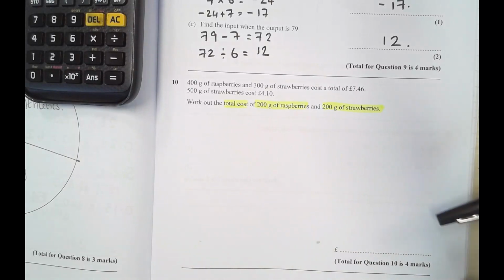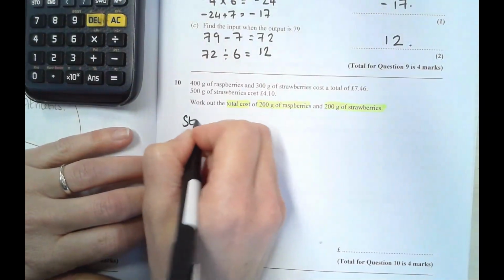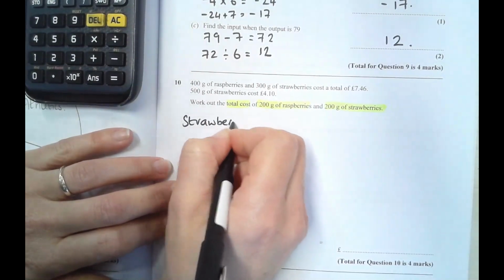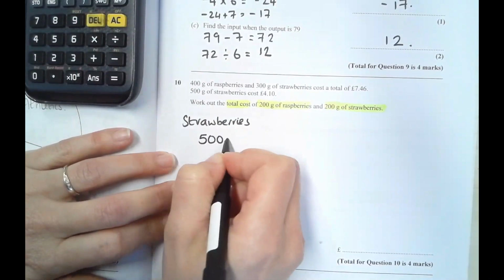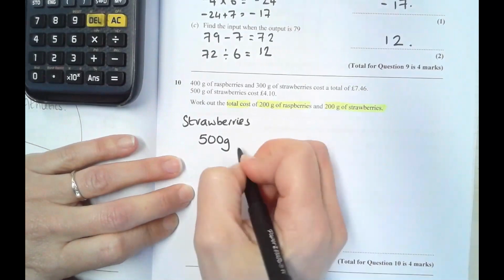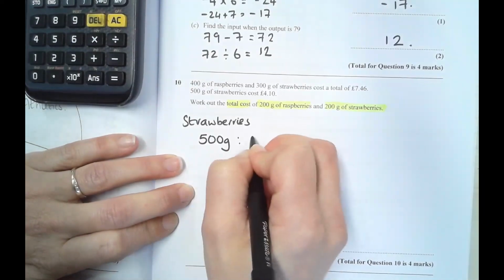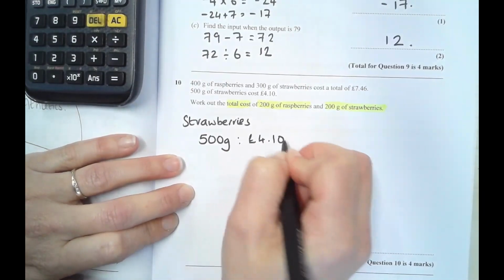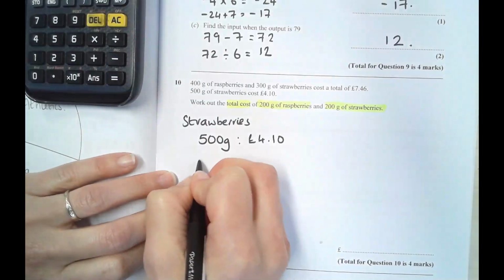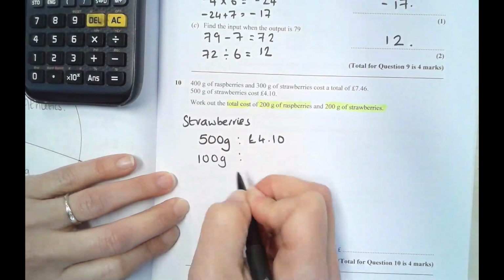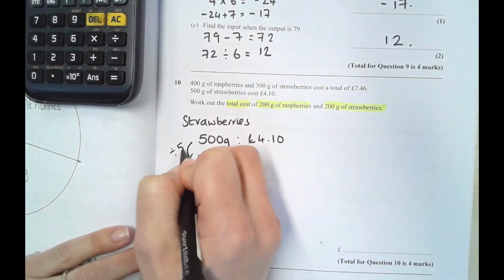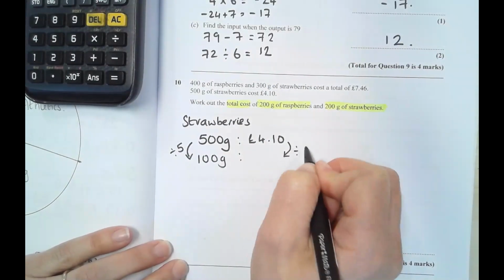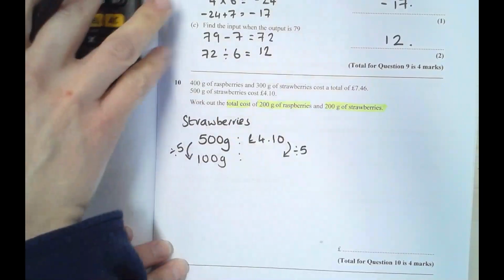Okay, so let's start off with the strawberries first of all. So I know that 500 grams of strawberries costs me £4.10. So I can use that to find 100 grams of strawberries. So if I divide that by 5, I can do £4.10 divided by 5 as well.